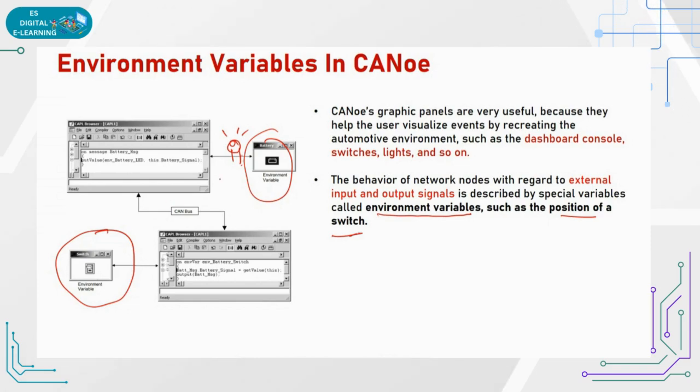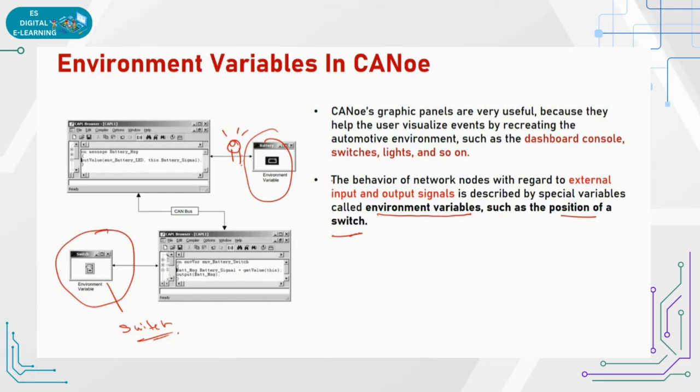So it will give the behavior, right? All of this will be part of the environment. It means we require the switch position as the network message. As I told you, when we are creating this tool, we need to map the messages and signals, but specifically we need to map the environment signal.